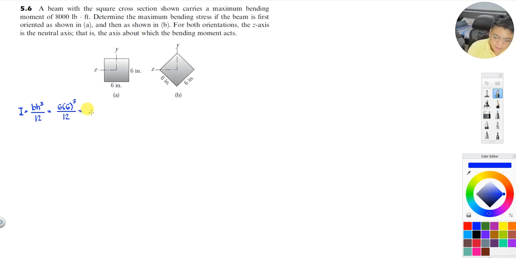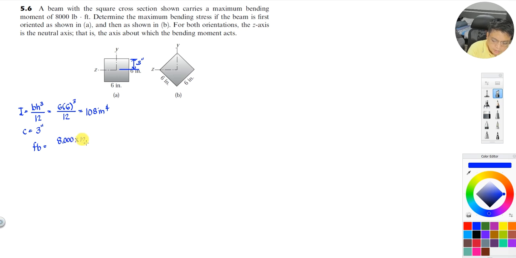So you can have it as 108 inches to the fourth. So yung C natin, from here hanggang doon, dali lang, you can have it as 3 inches. So ang C ko is 3 inches. So I have now the FB. So FB ko, I can have the maximum moment 8,000 daw, pero gagawin ko siyang inches.